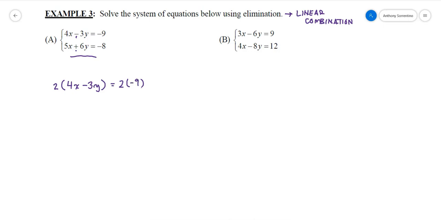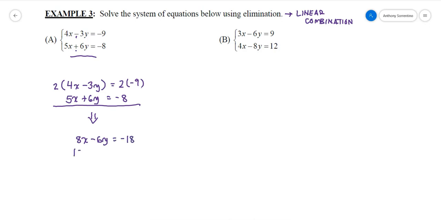In the second equation, I'm not doing anything to it. And so when I get my new system, since I'm multiplying both sides of the top equation by 2, I'm still making it equal. I'm making yet another equation that's going to have the exact same solution, but this one will combine better with the 5x plus 6y equaling negative 8, because I'm going to have 8x minus 6y equals a negative 18.